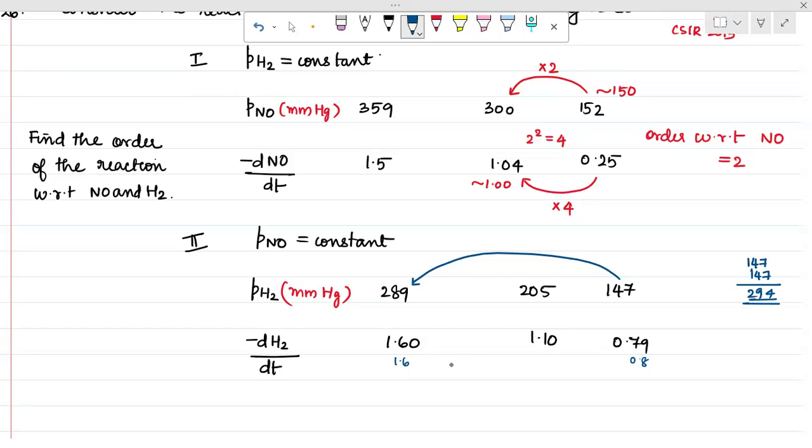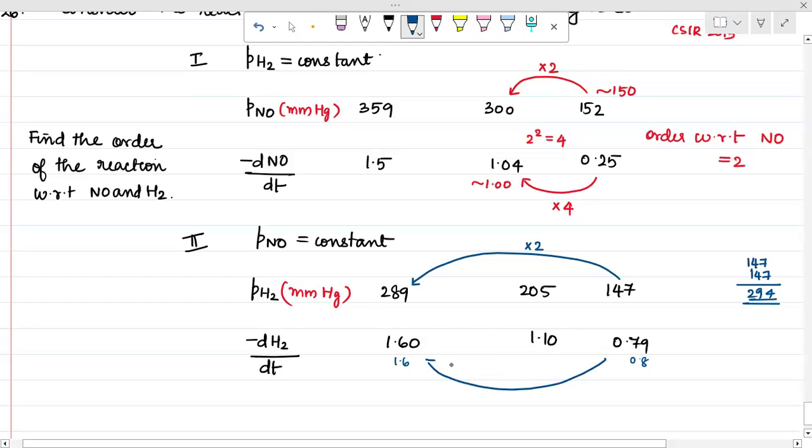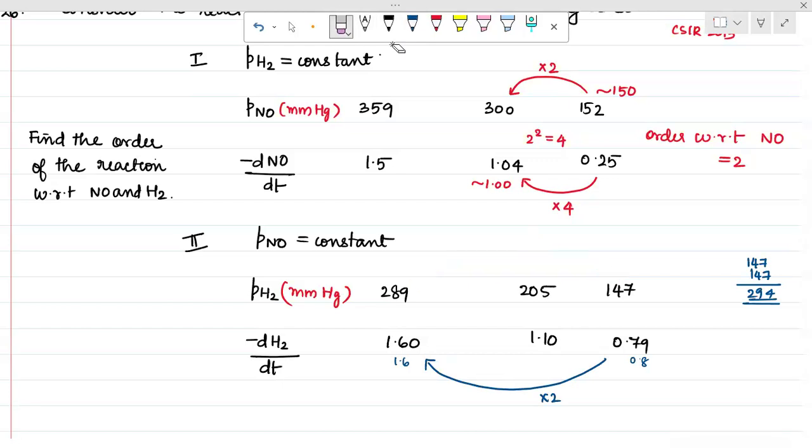So if my concentration of H2, keeping NO constant, is increasing 2 times, what is happening to my rate? My rate is also increasing 2 times. Whatever change I have brought in my concentration, that itself is the change in my rate. So 2 to the power 1 is equal to 2.